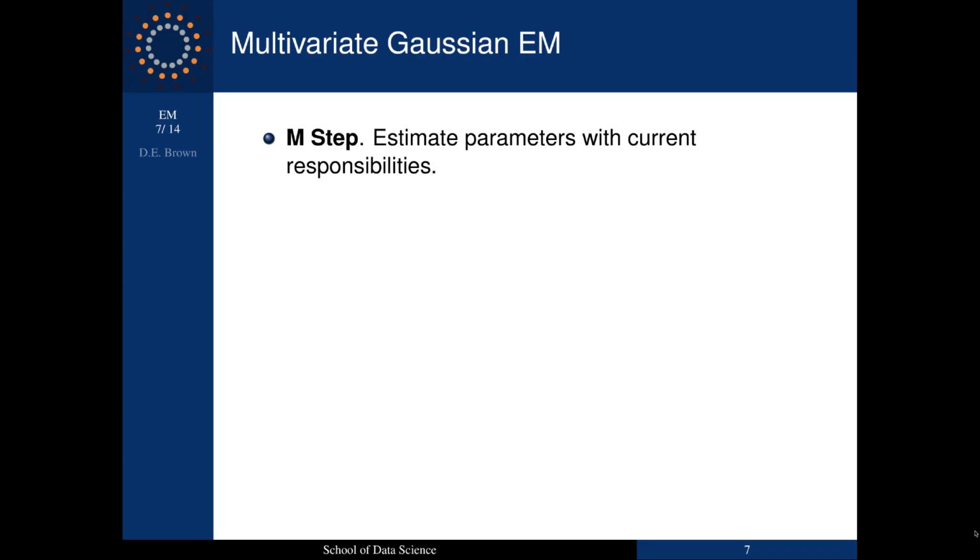The M step then goes back and it says, okay, you did that. Now you're going to find the new values for those parameters. And the way we do it is, since we now have the values of the responsibilities, we can find, for instance, the number of observations per component just by using the sum of the responsibilities over all the observations for each of the components.